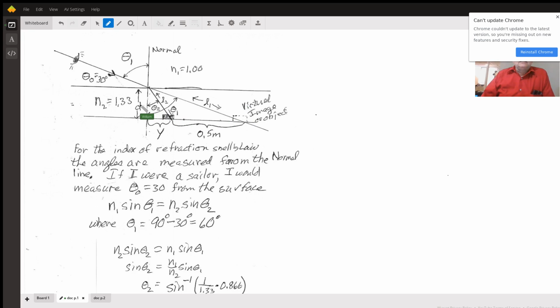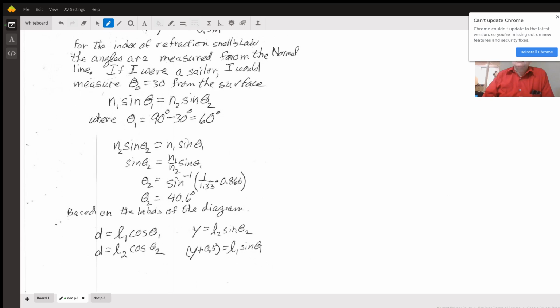Note that D is the cosine of this angle with this length, and D is the cosine of this angle with this length, L2. So let's go down and solve some of the numbers here. If we measure theta 0 as 30 degrees from the surface, then theta 1 has to be 60 degrees from the normal, and that's what we have to use.